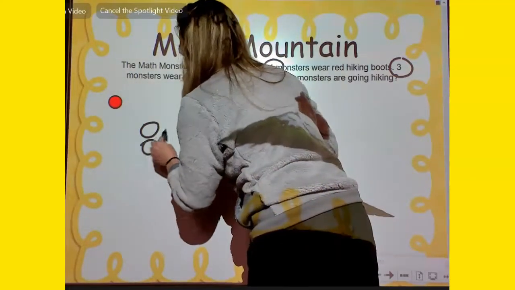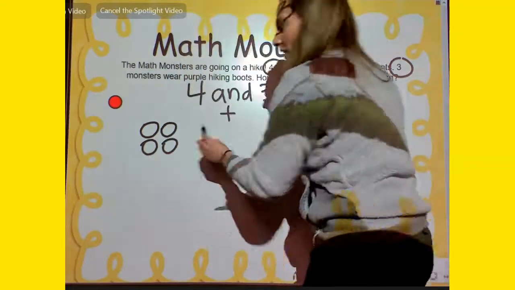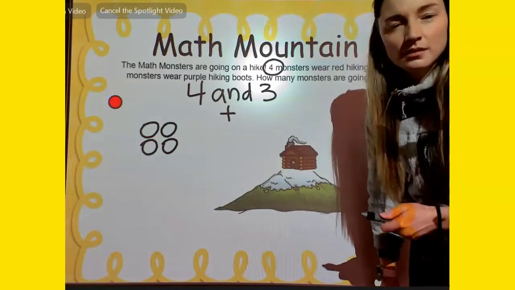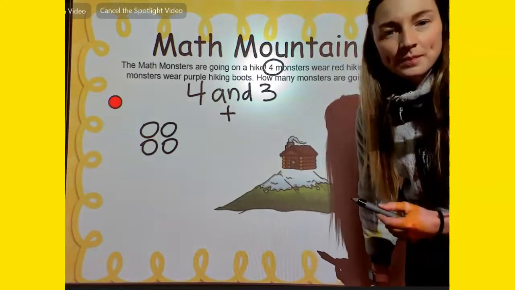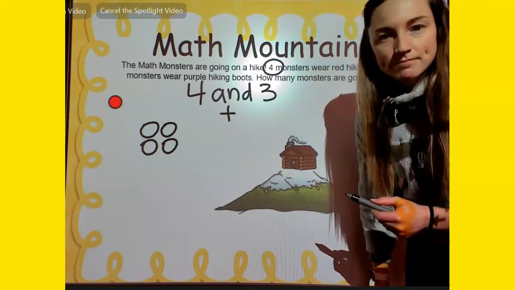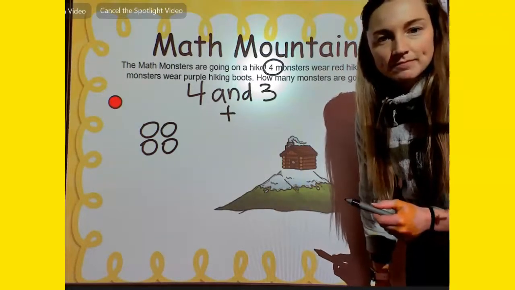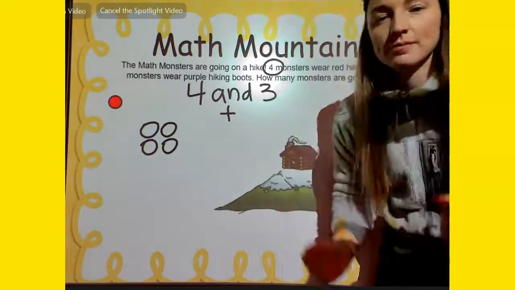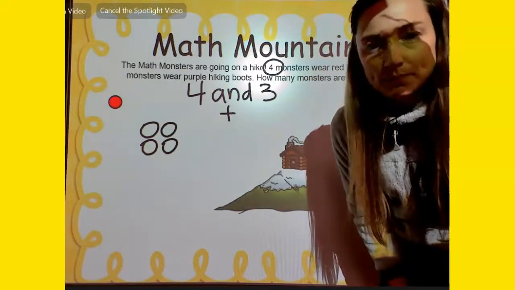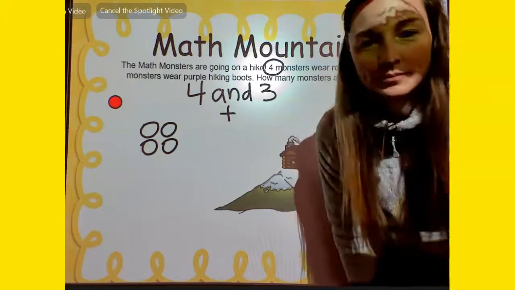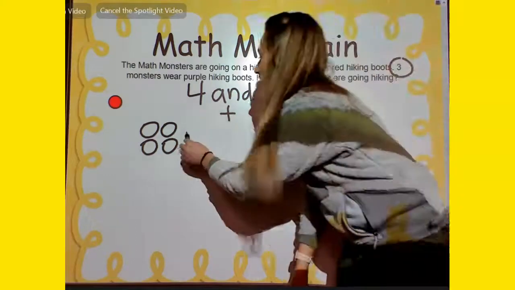1, 2, 3, 4. And then what's that symbol, Nicholas, that I have to put in the middle? Equal sign. The one that goes in the middle to help me put something together. Looks like this. Plus.